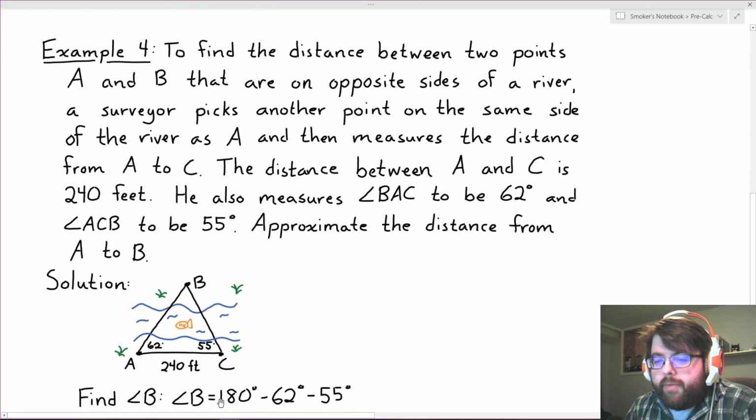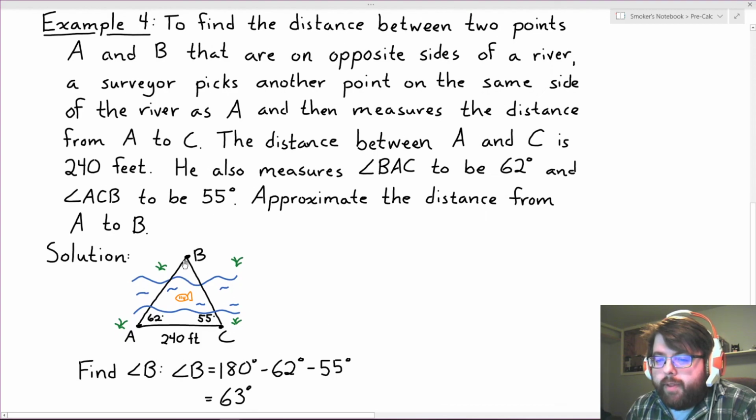I'm too tired. So we can find angle B by taking 180 minus these two angle measures, and we get 63. That's easy enough to find.